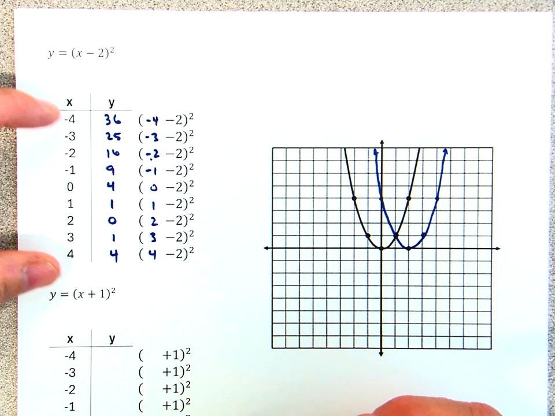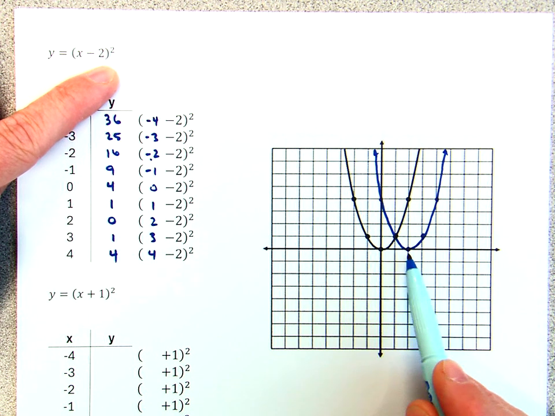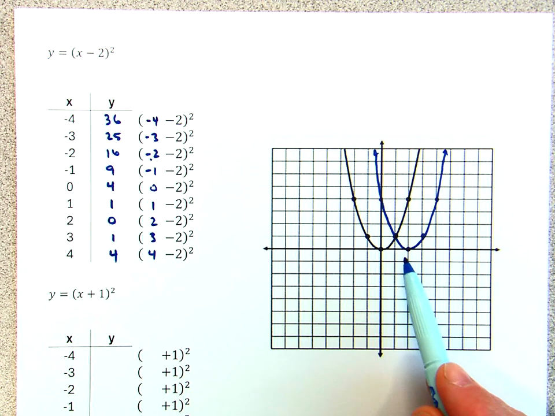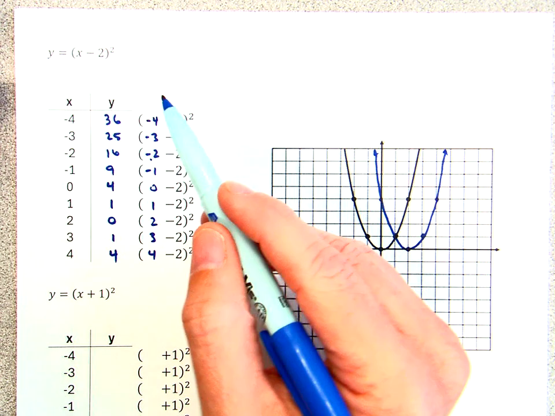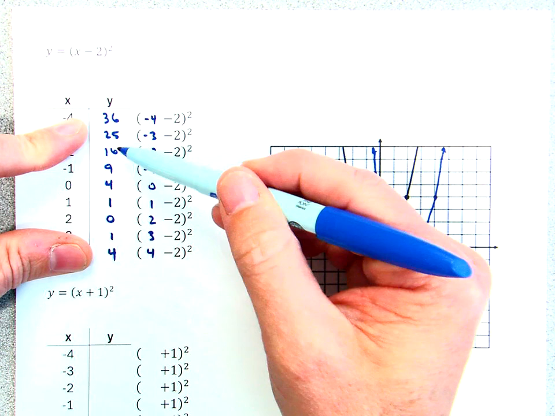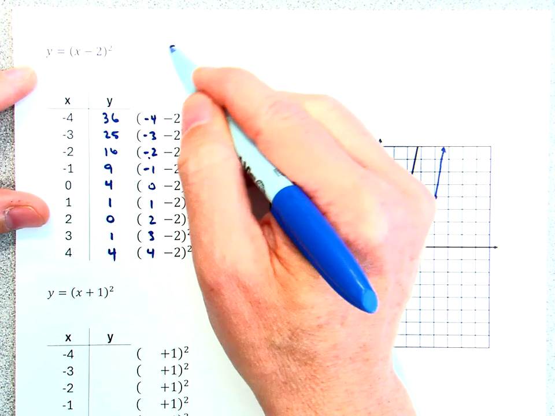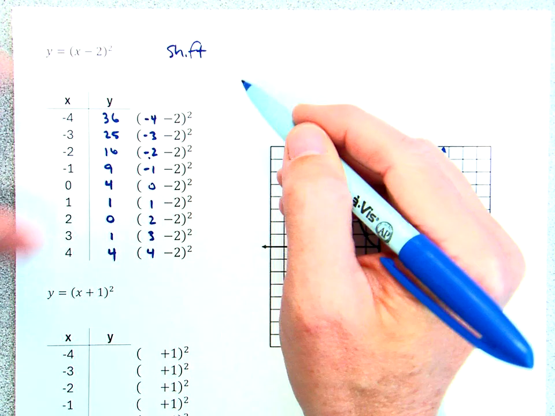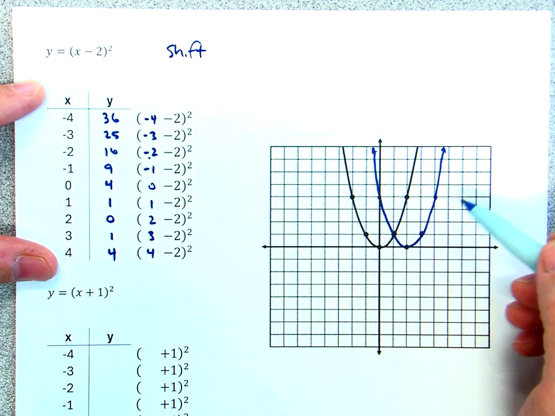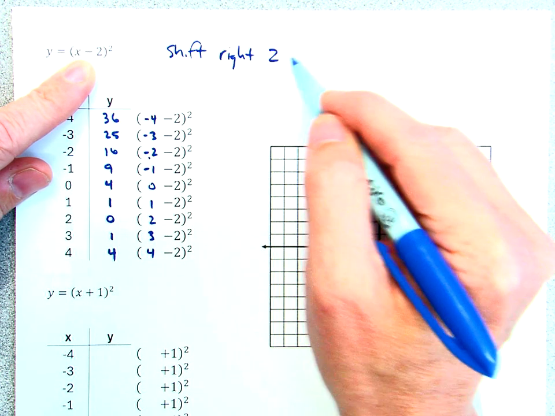But if we actually see what's happening here, the -2 is actually a shift to the right. Right? So it's still going to be a shift because it doesn't affect the outcomes. All of these values squared are still the same values. So we're still going to call it a shift, not changing the shape of the graph. But this is going to be a shift right 2 units.